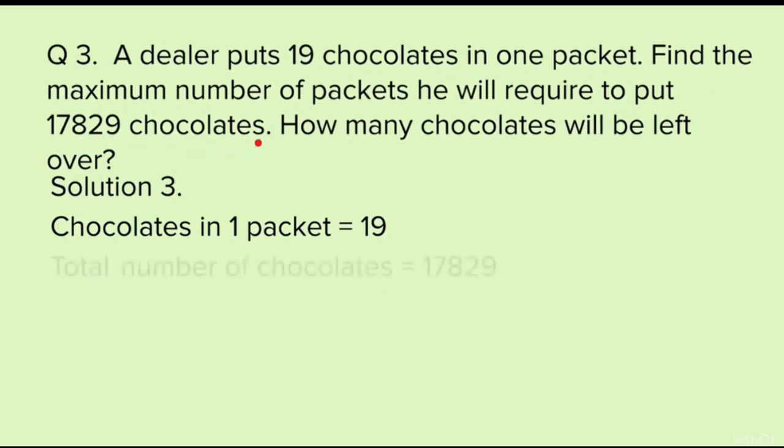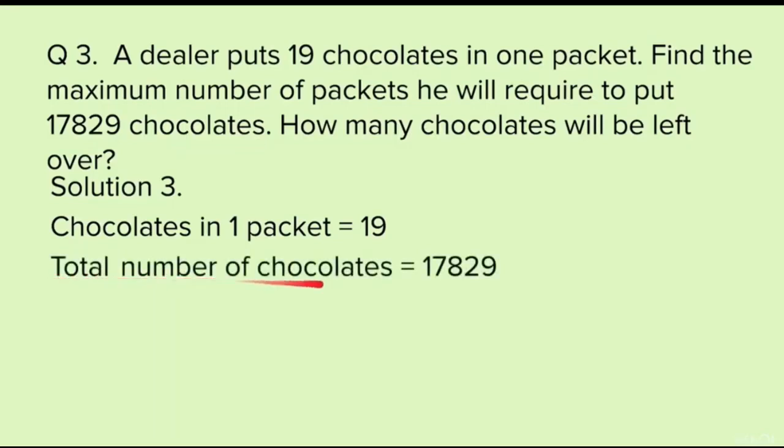Now, the second sentence is, find the maximum number of packets he will require to put 17829 chocolates. So, total number of chocolates are 17,829. How many chocolates will be left over? Now, first of all, we have to find out the number of packets he will require. Let's divide it first.